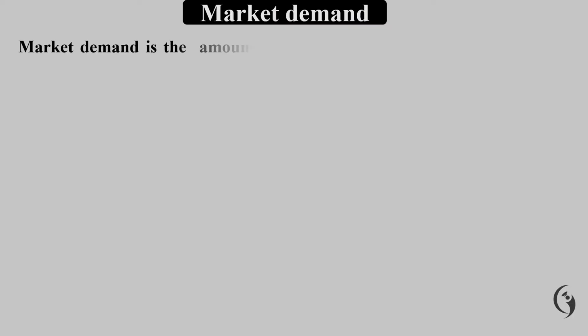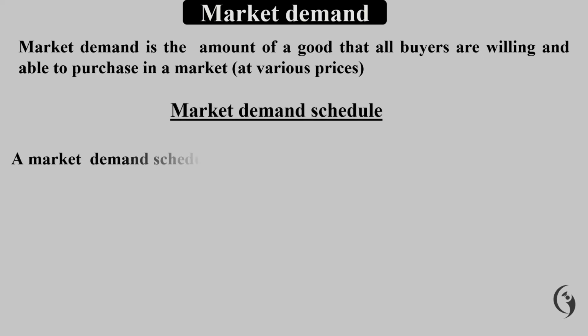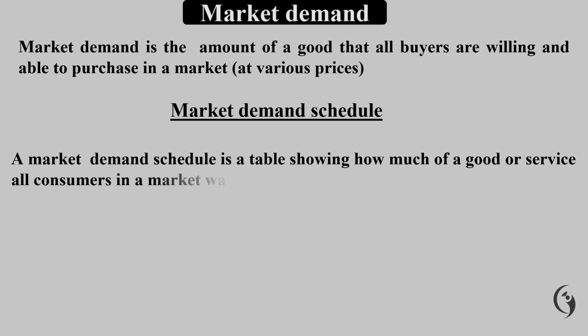Market demand. Market demand is the amount of a good that all buyers are willing and able to purchase in a market at various prices. A market demand schedule is like an individual demand schedule.